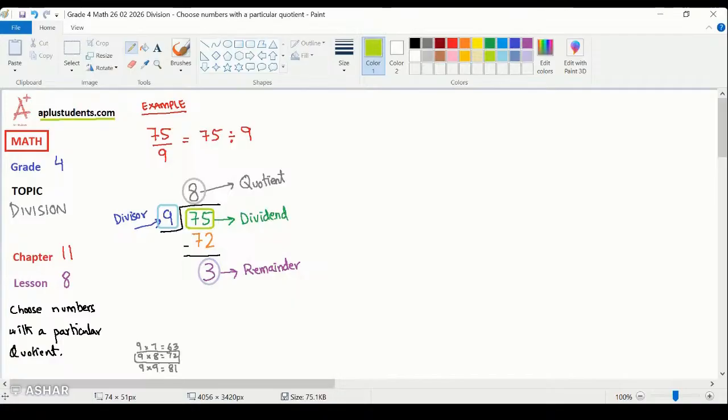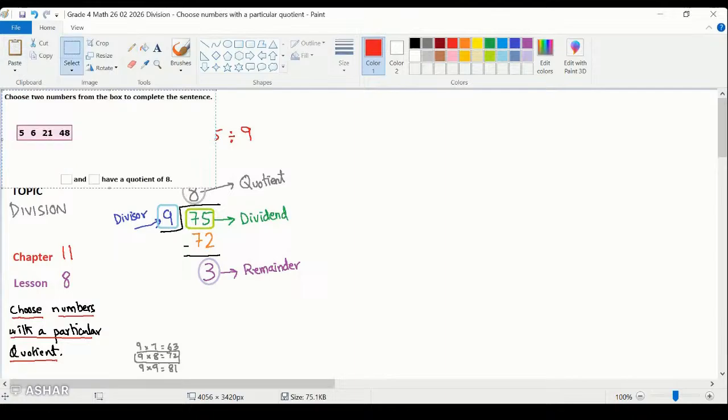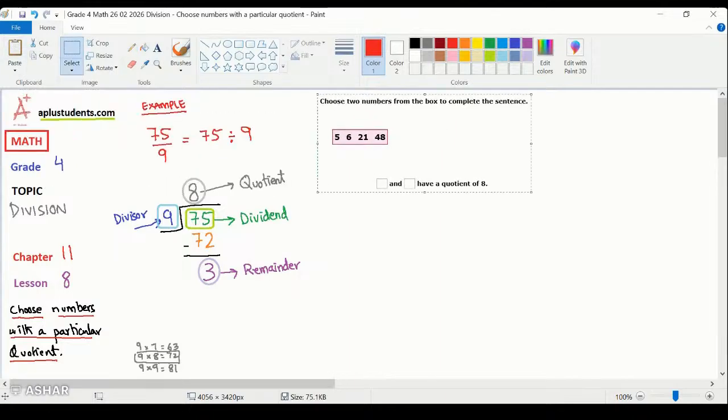In the question they're saying choose numbers with a particular quotient. The quotient comes at the top. So the first question says choose numbers. Let me just copy and paste. This is our question number one: choose numbers from the box to complete the sentence.